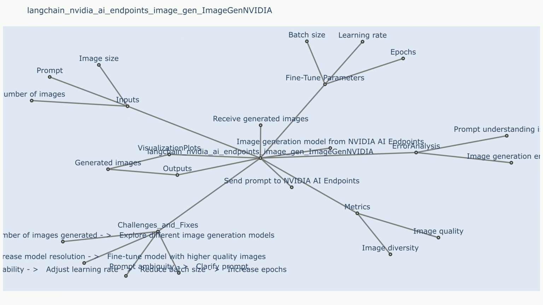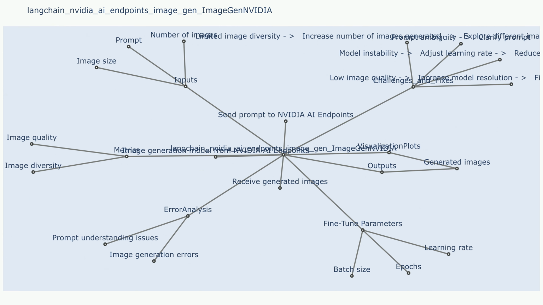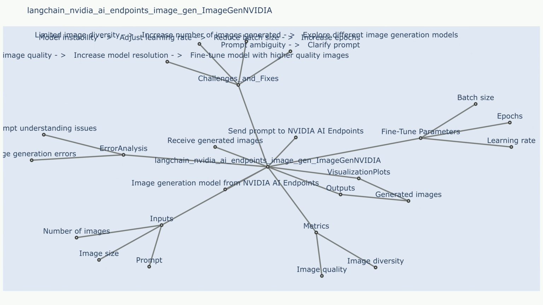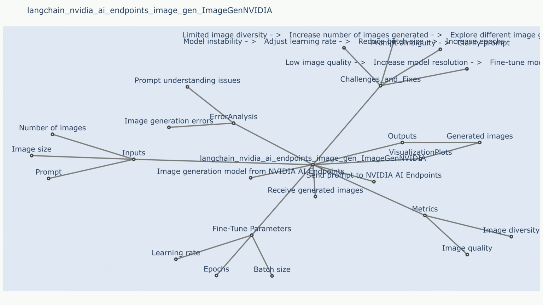Fine-tune parameters. Image size: the desired resolution of the generated image. Higher resolutions can produce more detailed and visually appealing images, but they also require more computational resources. NUM inference steps: the number of steps the model takes to generate the image. More steps can lead to more detailed images but also increase generation time.